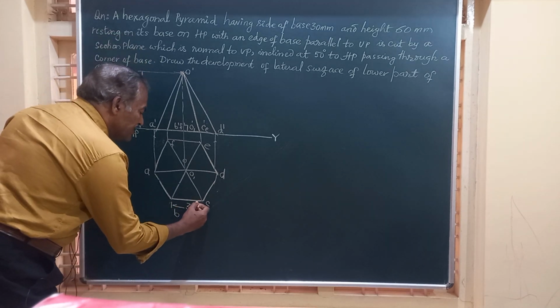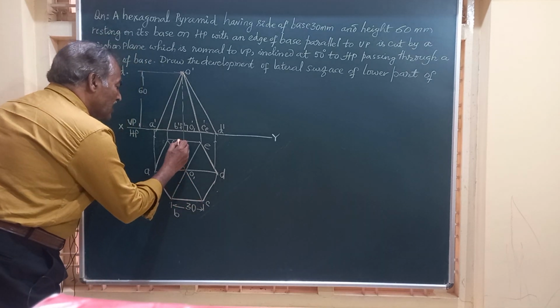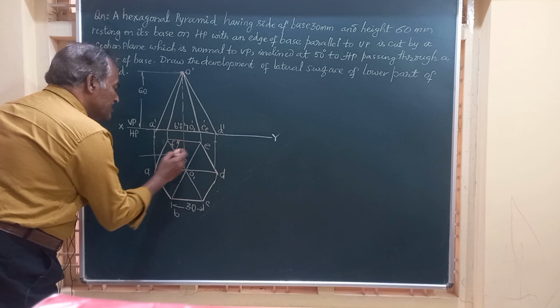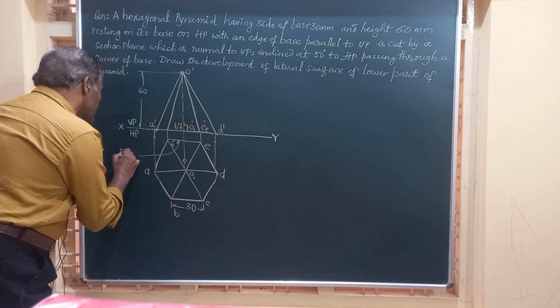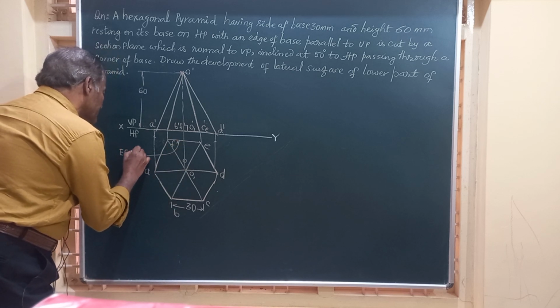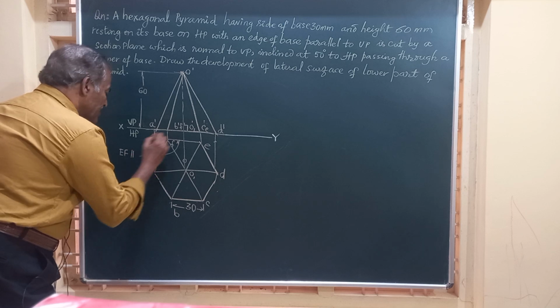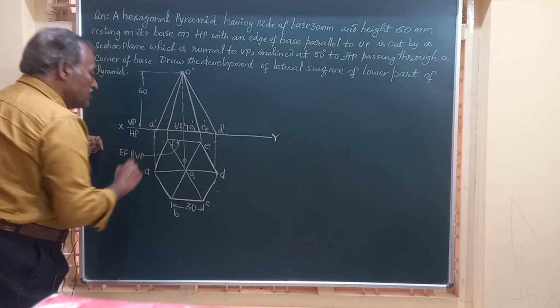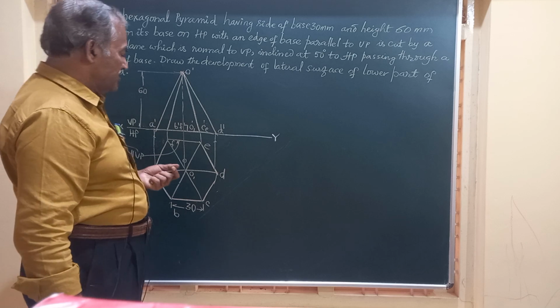I can say this BC is parallel to VP, or you can say this EF is parallel to BC, parallel to VP. So obviously this is also parallel to that.